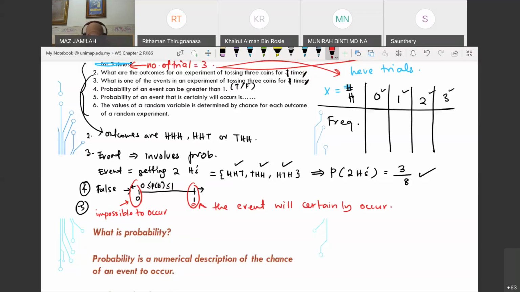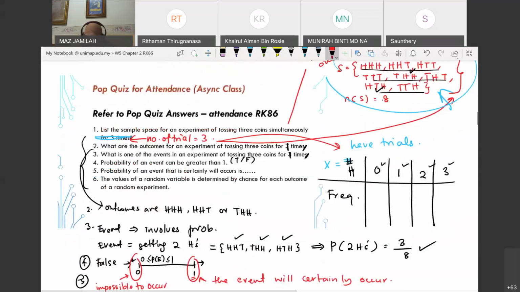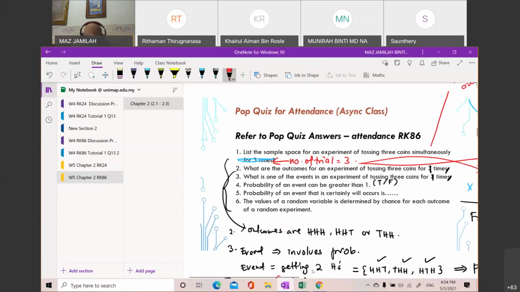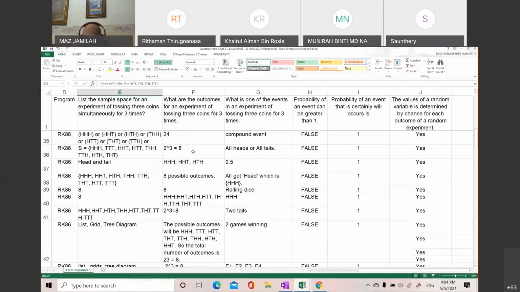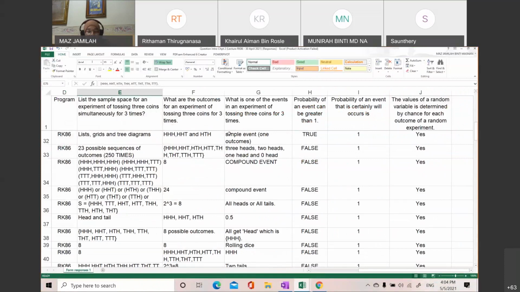Okay, so that would be all the questions that you have answered, and your answer is based on 3 trials, but my discussion is based on 1 trial only, because when it involves more than 1 trial, it becomes what we call a discrete probability distribution. Okay, it's no longer basic probability distribution.